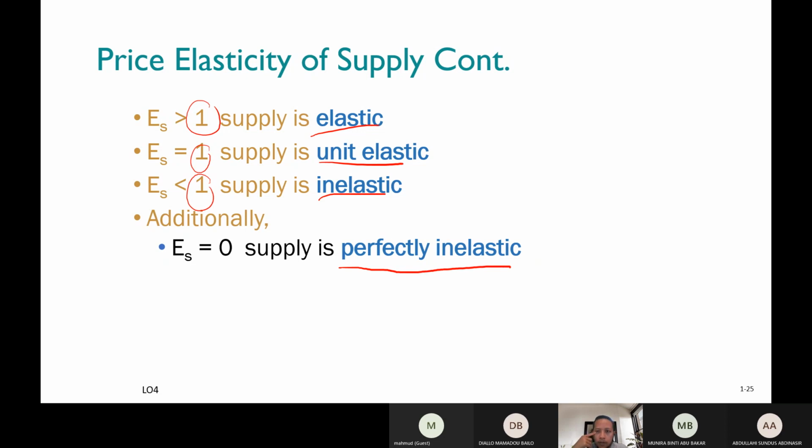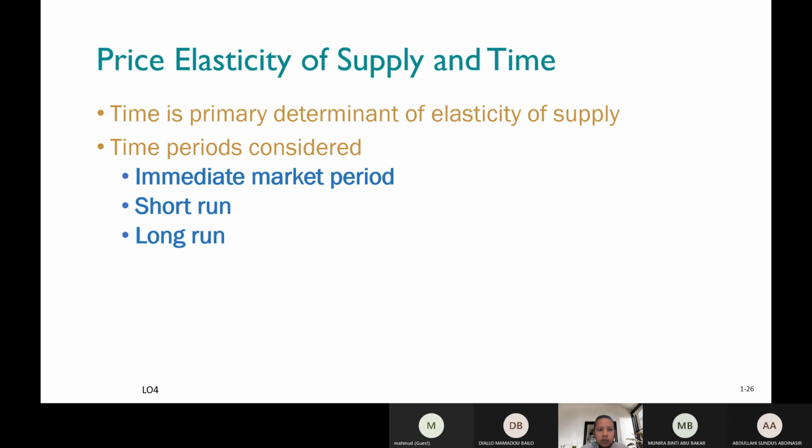Okay, so one of the main factors that would affect price elasticity of supply is time. Okay, so this is the primary determinant of elasticity of supply.